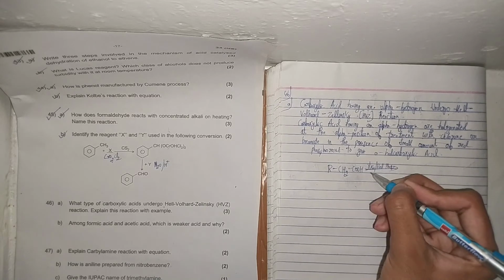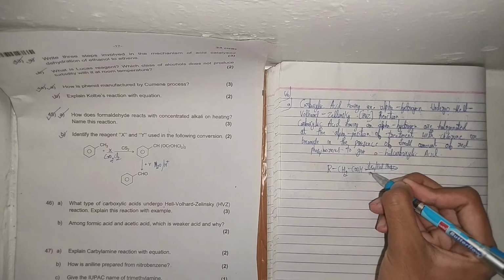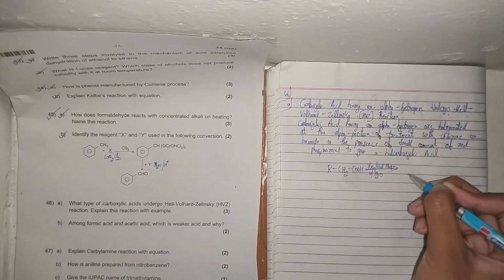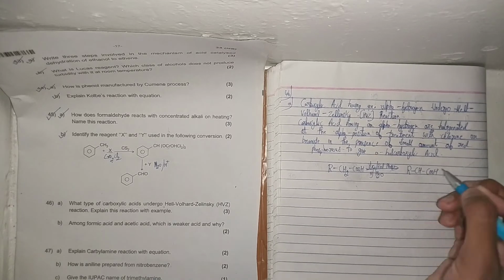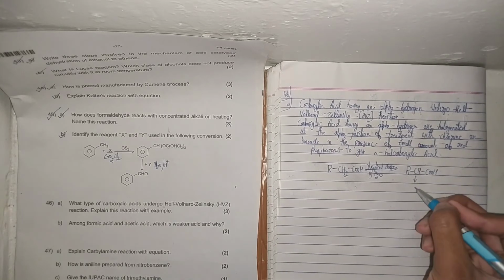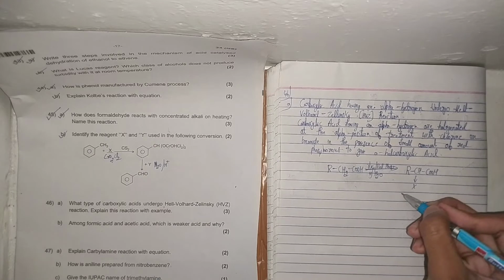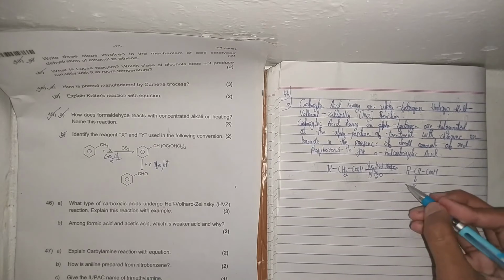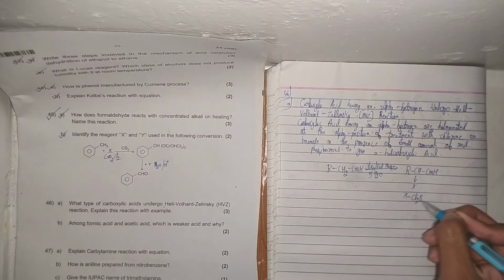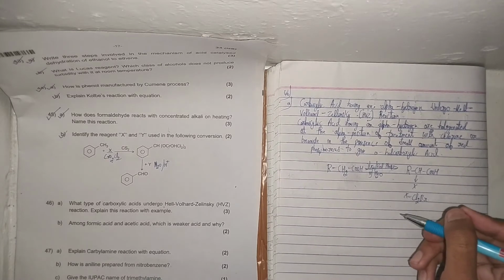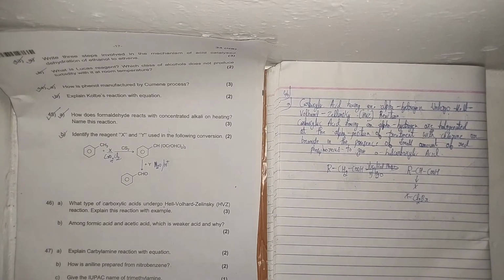Okay, I'm writing in short form red phosphorus. Here second one is H2O. So R CH single bond COOH. Here CH is with X. So X, Cl2 pure. This is the alpha-halo carboxylic acid.